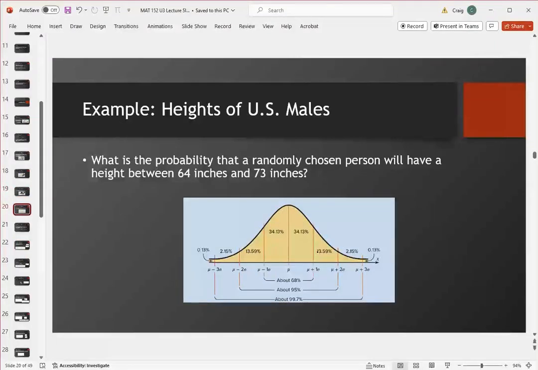And we can do this again if we want to find the value between 64 and 73. Where's 70, 73? This was 76. Again, z equals 1 here. 67, 64, z equals 2, or sorry, negative 2. And so we would just want all of the stuff in between these two lines that we've drawn.